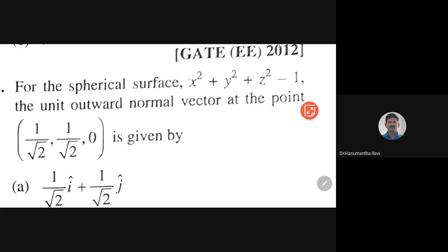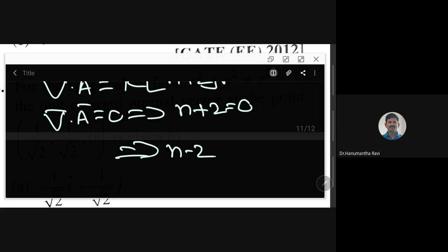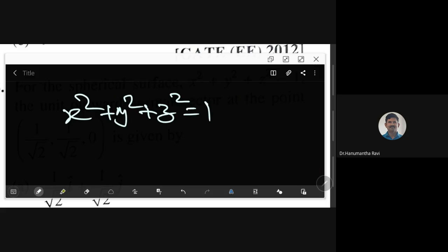What is the surface equation here? The surface equation is x square plus y square plus z square is equal to 1. So this I can write as f is equal to 1, that is the equation.